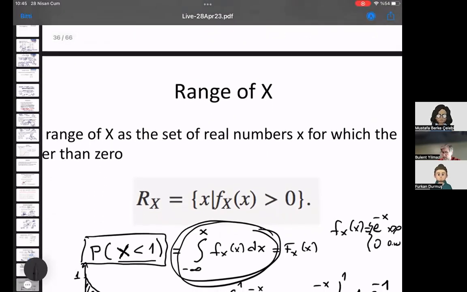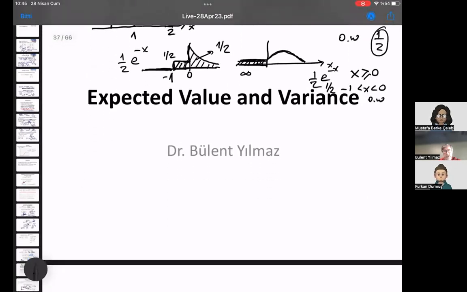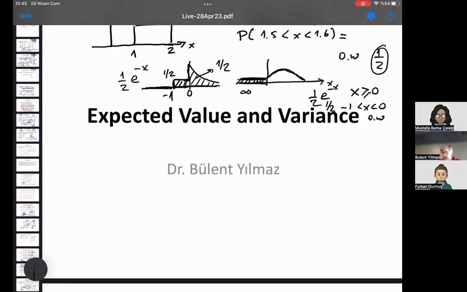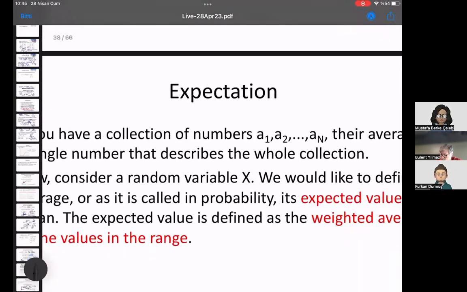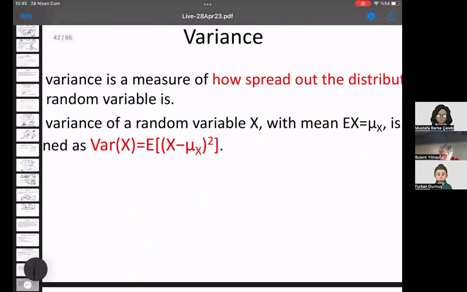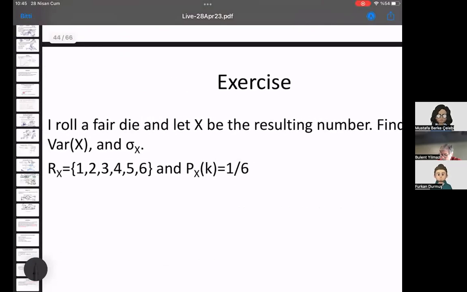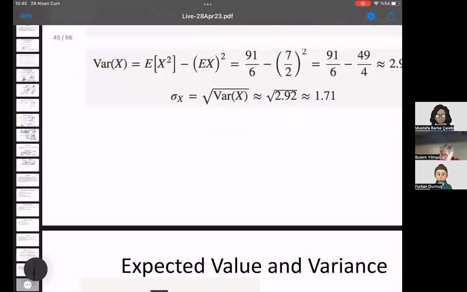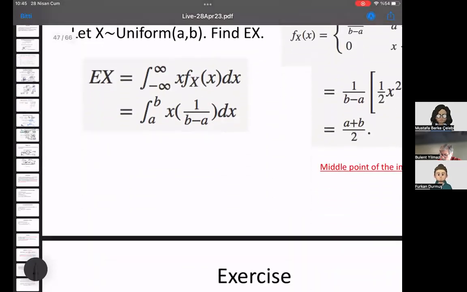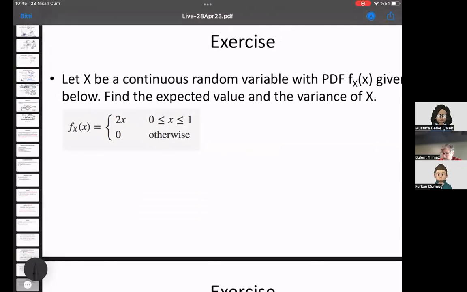So, arkadaşlar, there are many examples on that, and we might solve questions on that next week. But let me check one question here. These are all about variance and so on.